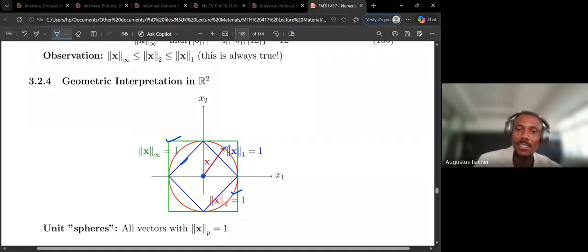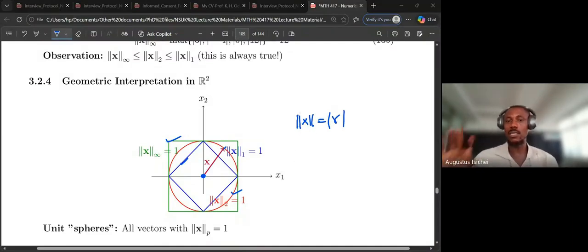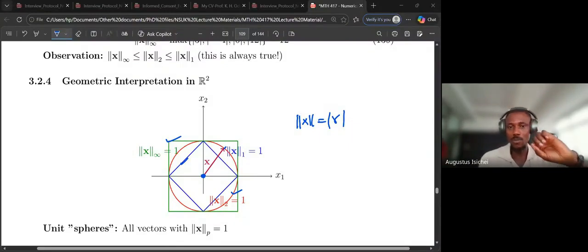Now, the distance or the length of the vector x itself, the actual length, is actually equal to the radius of the circle, the absolute value of the radius. Of course, radius is always positive. Do we see that? That's the actual length of the vector.